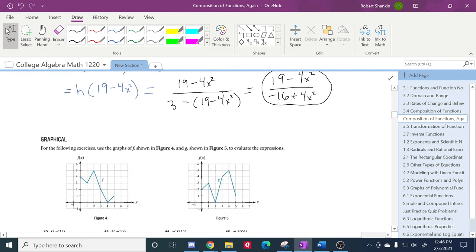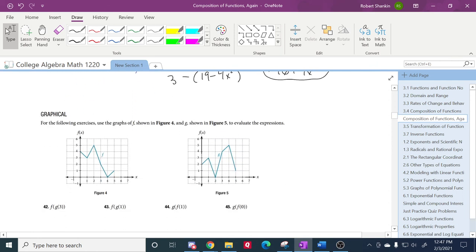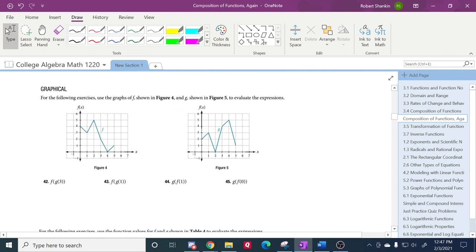And here are some of the problems from the homework. They're either ones that were assigned or right next to ones that were assigned. I'm just going to kind of give you a little more practice on this.